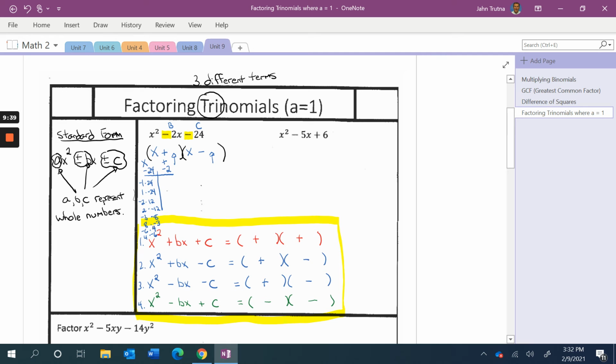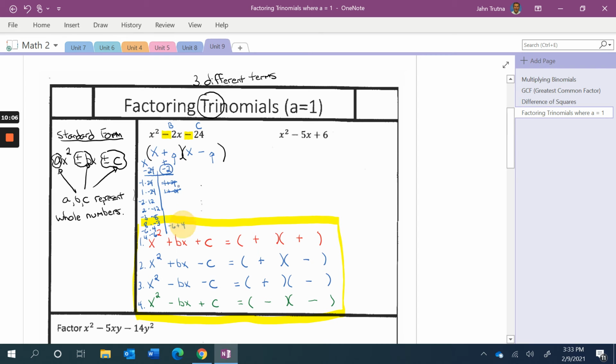So you go down and you say, okay, which one of these pairs is -1 plus 24? Will that add to make -2? No. How about 1 plus -24? Will that add to make -2? No. If I go all the way down my list to -6 plus 4, notice -6 plus 4 adds to make -2.